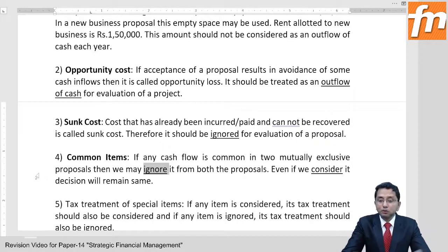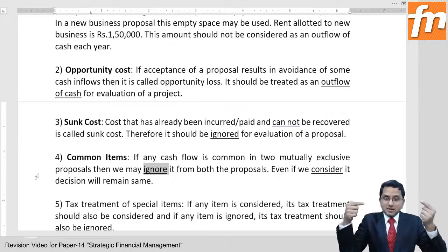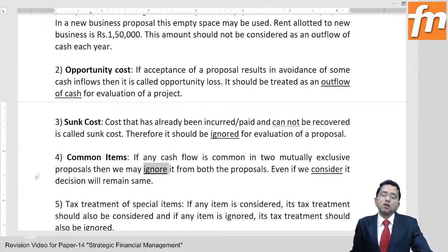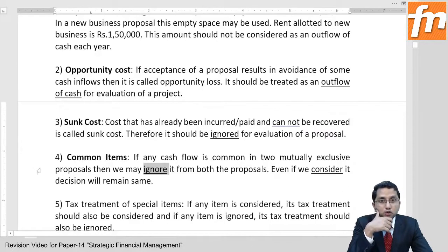Because it's a common item in both, the NPV will actually rise, but their comparative position will remain exactly the same as before. And therefore, the decision will remain the same. So if there are common items in two mutually exclusive proposals, either you can consider it in both proposals or you can ignore it from both proposals. Your answer will definitely change, but the decision will remain the same.